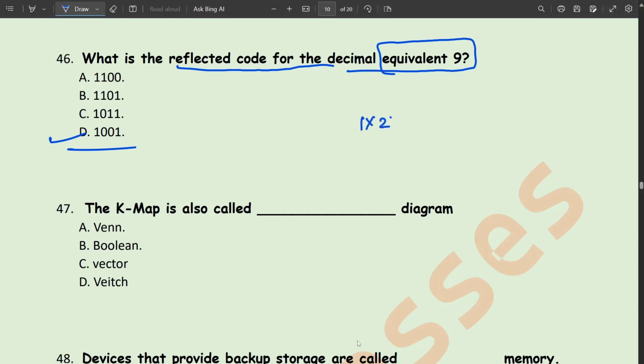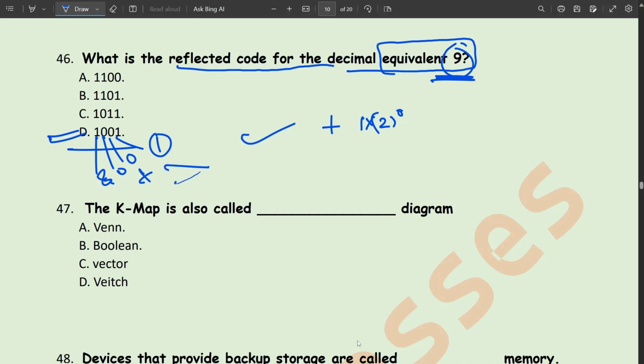So directly you can do it: we have to find 9. This is your 1, 0 like this, and this is your 8. When you add, you will get 9. This is your answer. So this is the code.